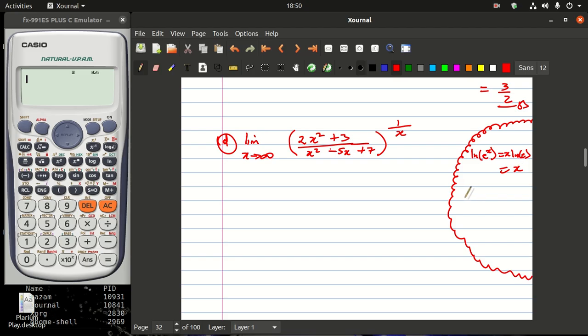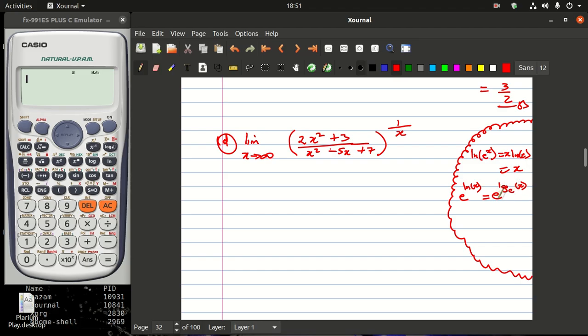And another thing that we emphasized is that whenever I have e raised to ln of x, this is just the same as having e raised to log base e of x, because ln is the same as log base e.